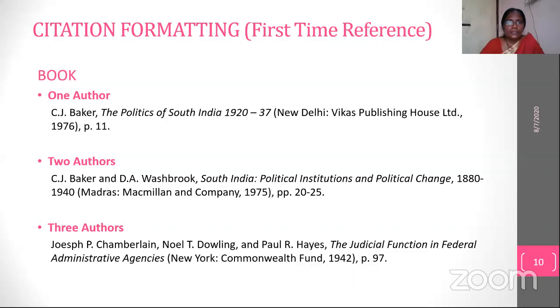References or citations may be classified into three: first time references, second or more time references, and the third one, cross references. Now we are going to see some of the references.